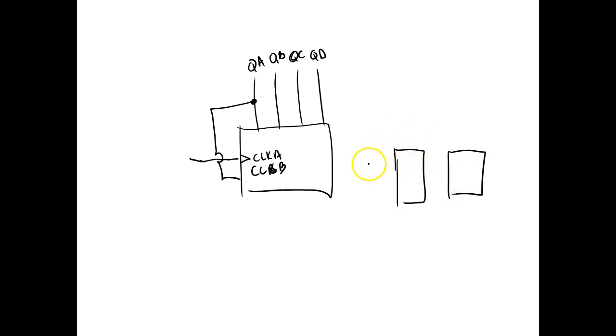So this is the way this thing is set up. Here comes my clock, and then I'm taking the Q here, right? And instead of taking it out, I'm taking it up here somewhere. And here's QB over here.